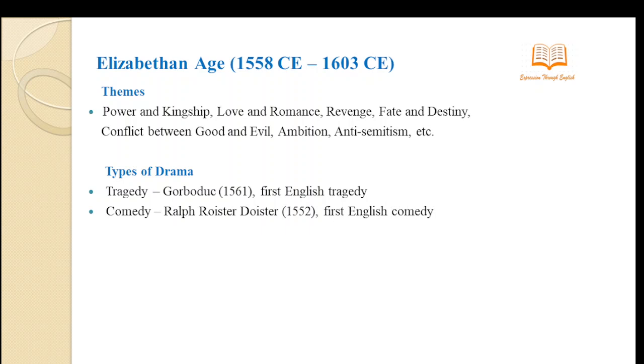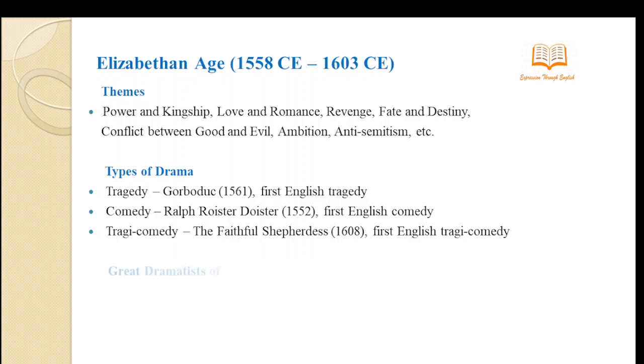So who wrote Gorboduc? Gorboduc was written by two writers, Thomas Norton and Thomas Sackville, whereas the first comedy, Ralph Roister Doister, was written by Nicholas Udall. And we have got the first tragic comedy as well in this age, and the first tragic comedy was The Faithful Shepherdess, published in 1608. It was written by John Fletcher.